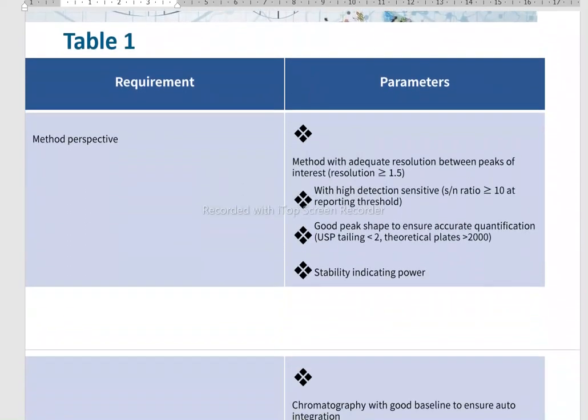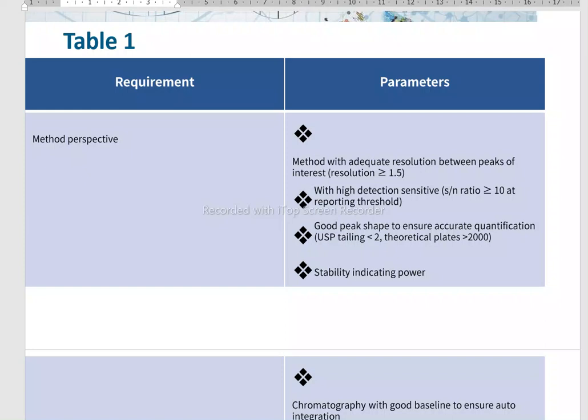The first requirement of the ATP is the method perspective. In the method perspective section, we have to compare some parameters. The first one is a method with adequate resolution between the peaks of interest. It means the resolution should be greater than 1.5 for the peaks of interest.